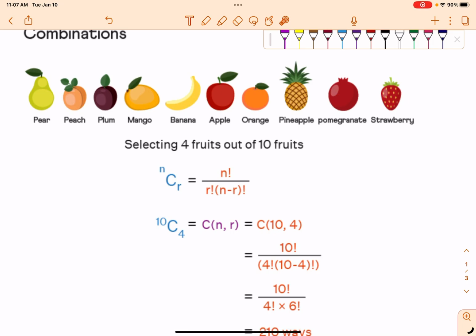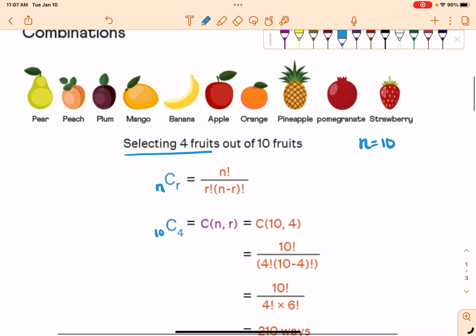So I have 10 pieces that are going to be part of this group. So that means my n is going to be 10. I have 10 items. They want us to select these in groups of 4. So that means that my r is 4.